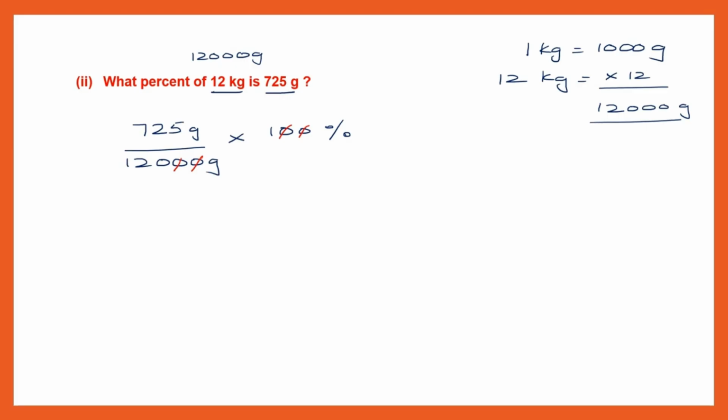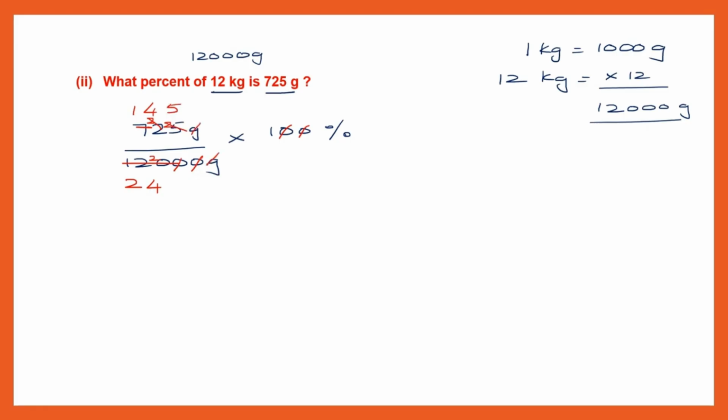I can divide both by 5. 5 twos are 10. Then again 20 is left there. 5 fours are 20. Here 5 ones are 5, 6, 7, so there's 2 left. Now it's 22. 5 fours are 20. Again there is 2 left. 25. 5 fives are 25. So 145 grams. So we continue.